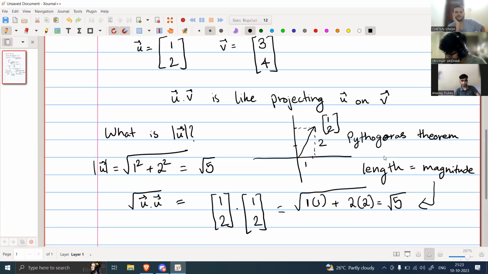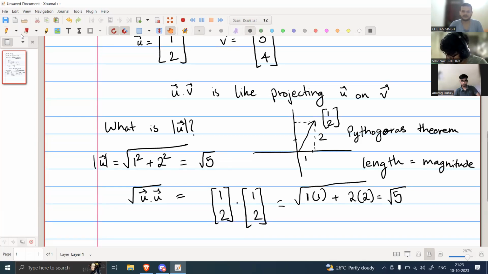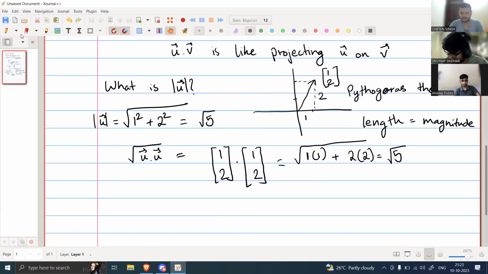So now you have two methods of doing it. Can someone tell us what the magnitude of vector v is going to be?